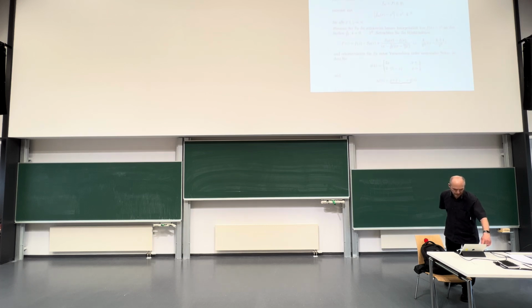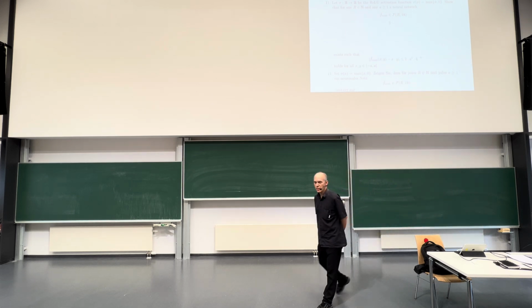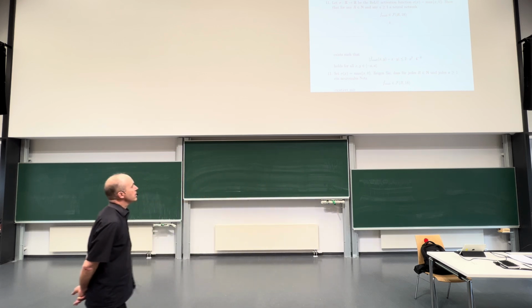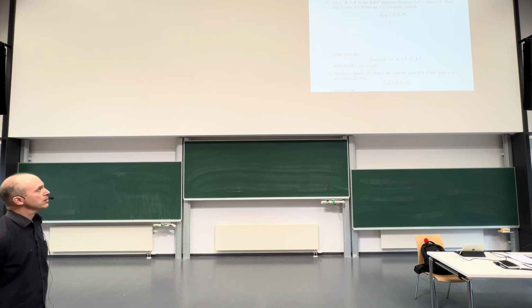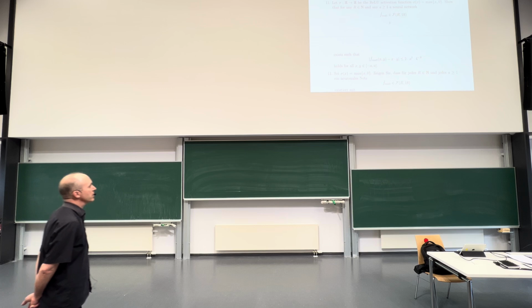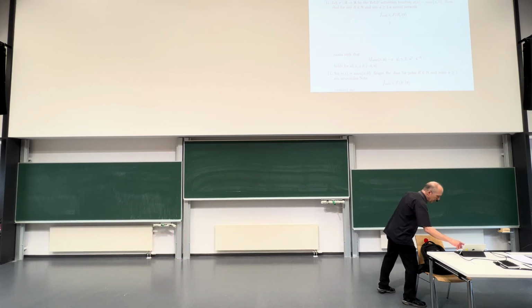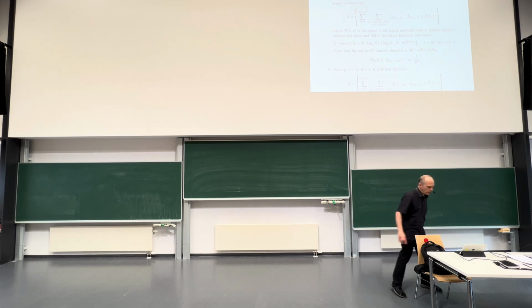Then question 11: from this one you construct a neural network which can multiply, which was an easy consequence. It's this idea that x times y is 1 divided by 4 times ((x plus y) squared minus (x minus y) squared). And then the last question is just the theorem we are showing at the moment. So question number 12 is to prove exactly this theorem, what we are doing now.